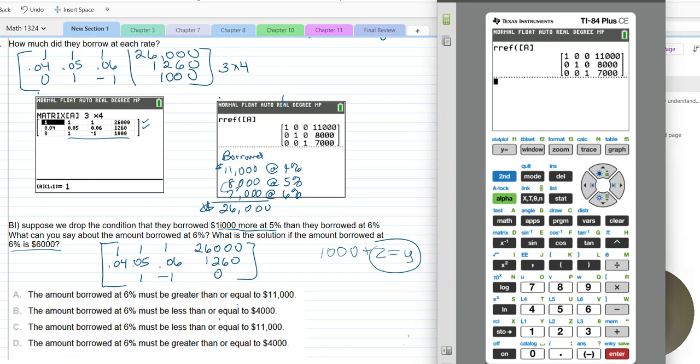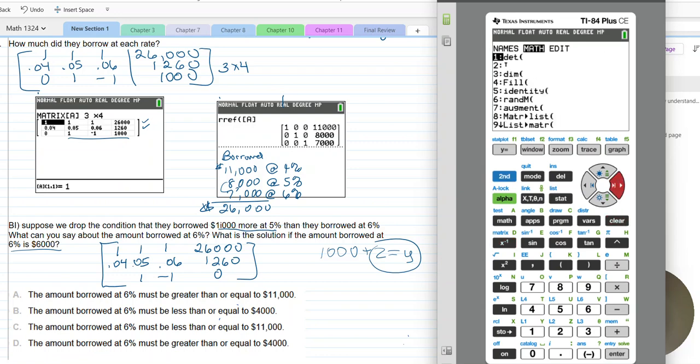Let's find out. Second matrix, edit, and we would enter. And instead of the 1,000, we would get 0 right there. And enter. Second matrix. Oops, sorry. Second matrix, math. Go to RREF.